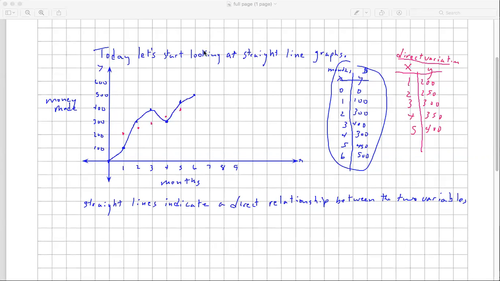In fact, I could fill that line in, and you notice we get a straight line. A straight line always indicates a direct relationship or a direct variation between two variables. And those are the kind of lines that we want to deal with today.